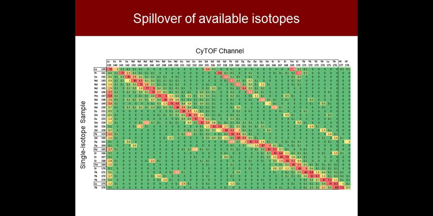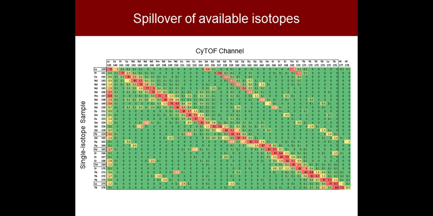But you'll notice a couple of things. So scattered about here and there are some yellowish or even reddish boxes, which generally are known isotopic contaminants of the primary channel.